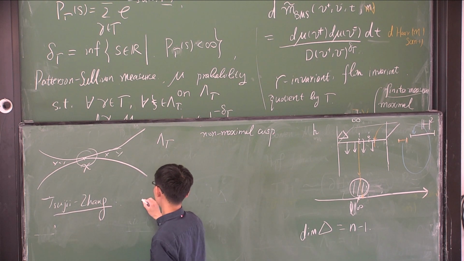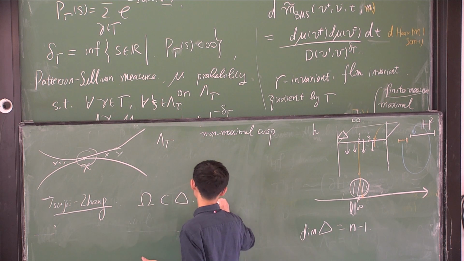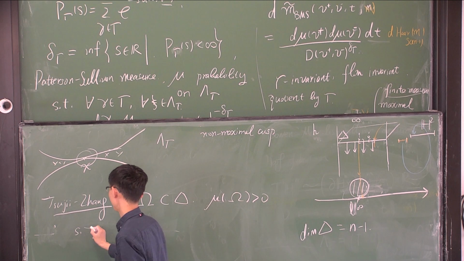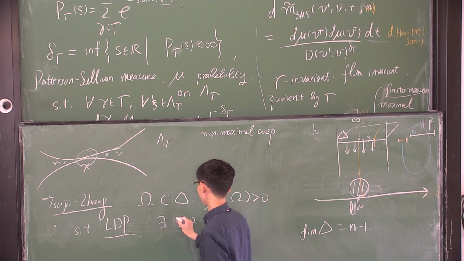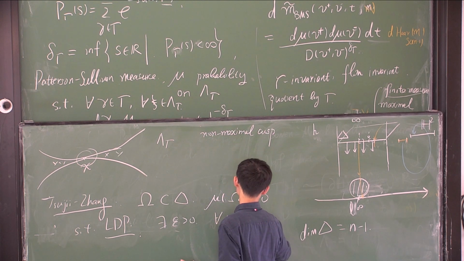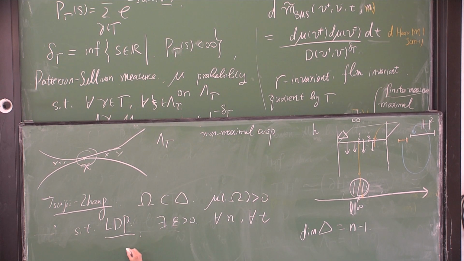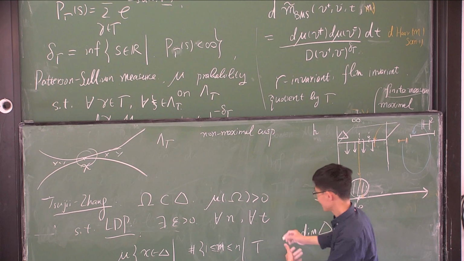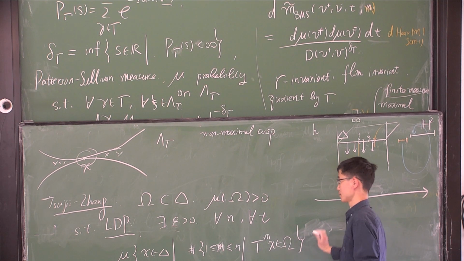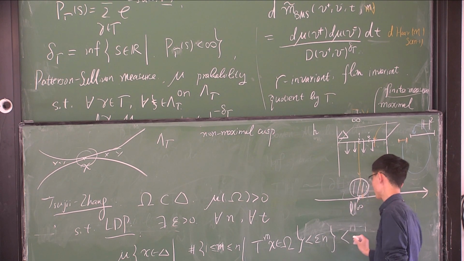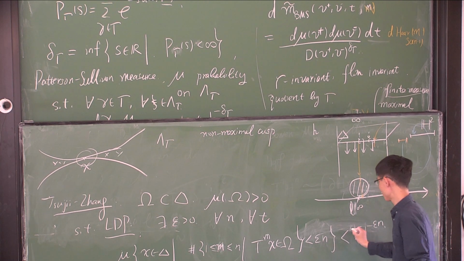Their idea is that you find some set Omega inside this Delta, of positive measure, such that you have the large deviation property, which means that there is some positive kappa, and for any n and any time t, the measure mu of x inside the Delta such that, if you apply the expanding map T, the number of times T to the m of x is in Omega is less than epsilon n, is exponentially small, with some constant C.